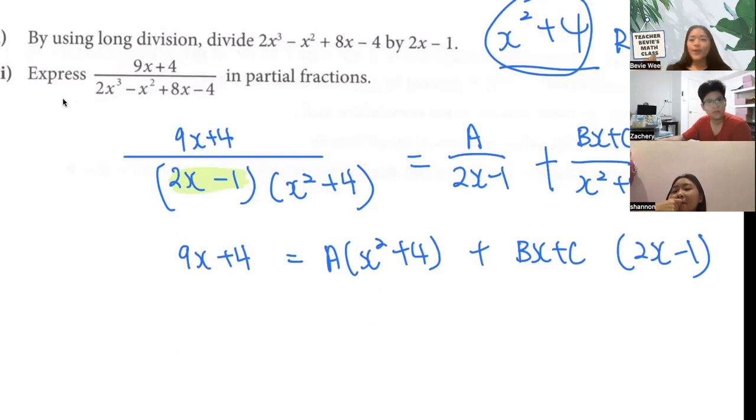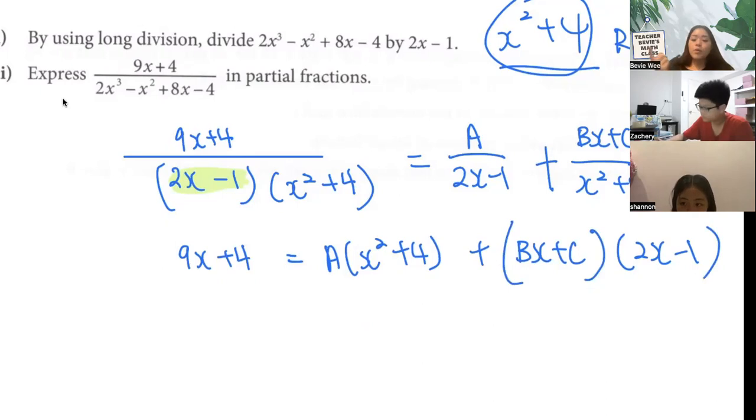Whatever he read was all correct, but I never put the brackets here. Very important. Don't think brackets not important. It makes a whole lot of difference. If you don't, this C will be alone. But it's not true. It's the entire term, bx plus c.